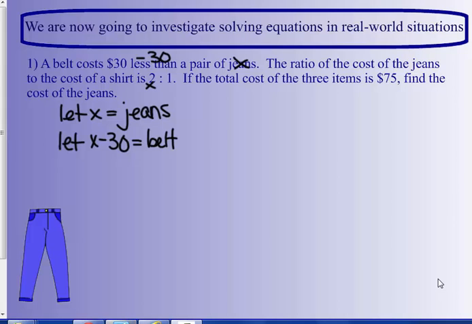So if jeans is x, the shirt has to be half x, because twice 1/2 would be x, right? I'm going to say x over 2, so half of the jeans would be the shirt.